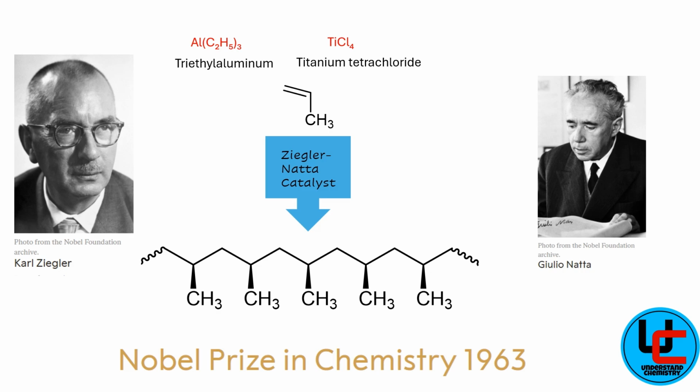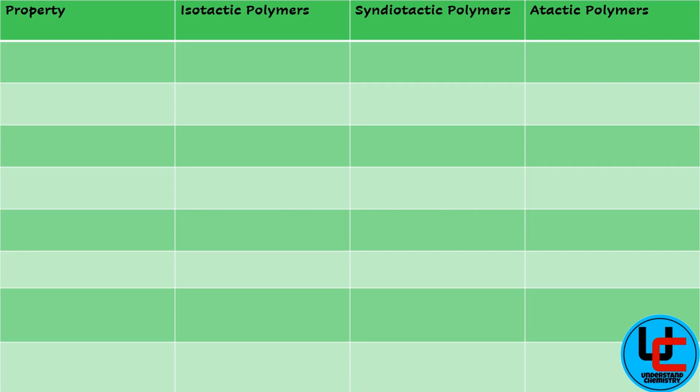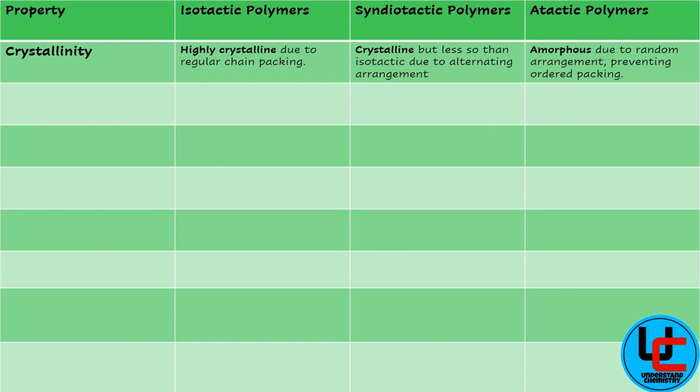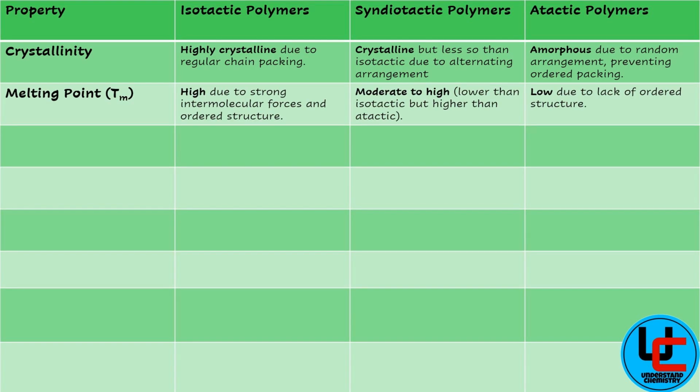Now let us see how tacticity affects different properties of polymers. Isotactic polymers are highly crystalline due to their regular chain packing. Syndiotactic polymers are also crystalline but less than isotactic polymers because of their alternating arrangement. Isotactic polymers have a high melting point due to strong intermolecular forces and an ordered structure.